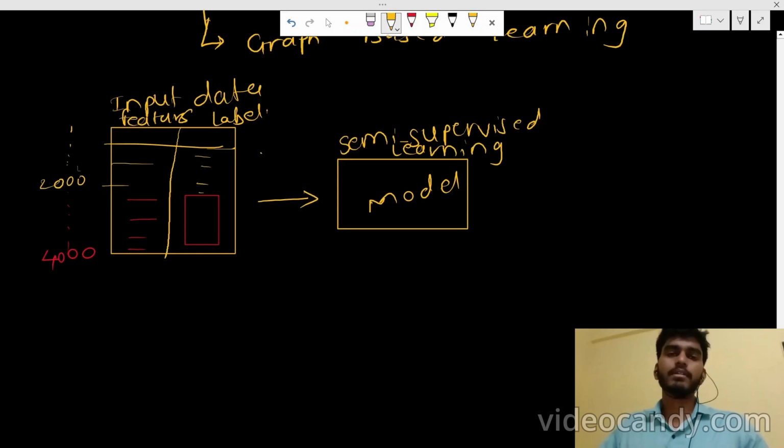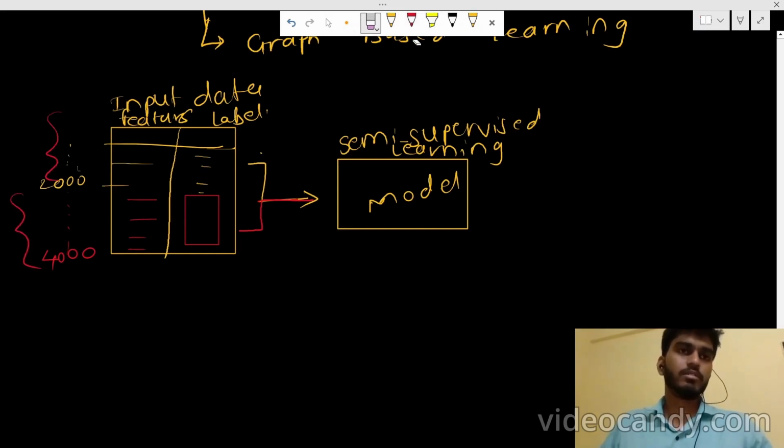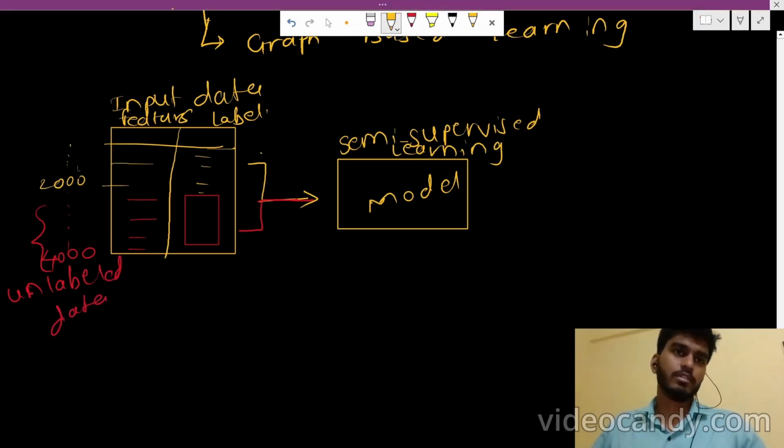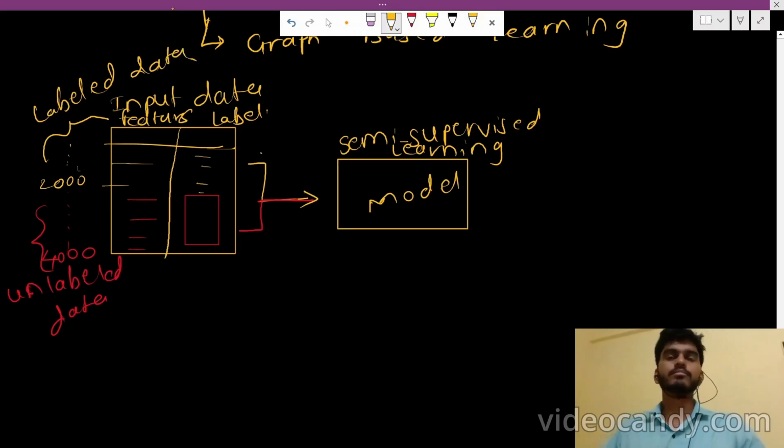You will feed both the labeled and the unlabeled data.